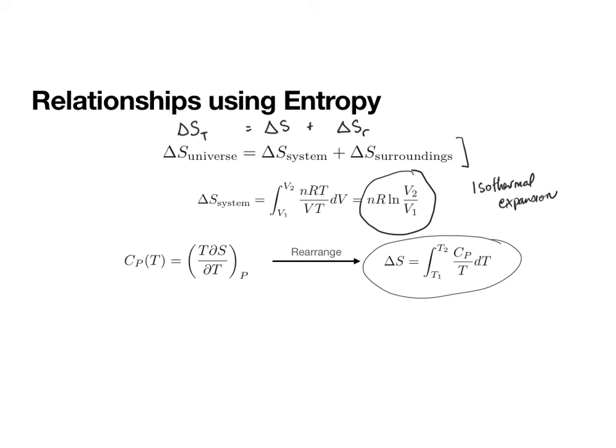And so this is for our system and allows us to find delta S as long as Cp is constant. And remember that Cp is a function of temperature, but as long as our temperature range is not huge, we can say that it is approximately a constant.